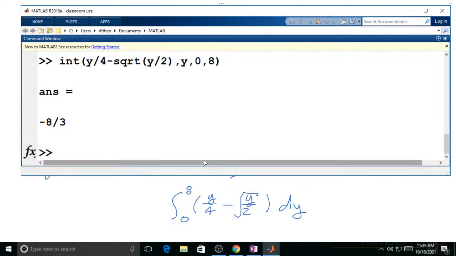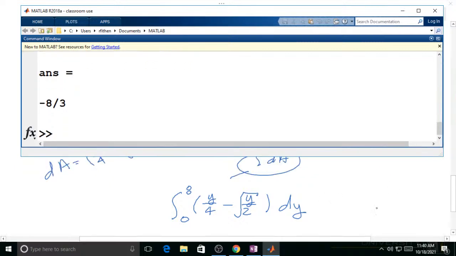Okay, I think I put my bottom and my top on there backwards, so the negative area doesn't make sense. The reason is I put the bottom on the top and the top on the bottom. First of all, is it 8/3? Was that the area we got last time?